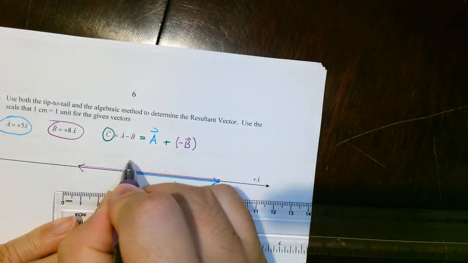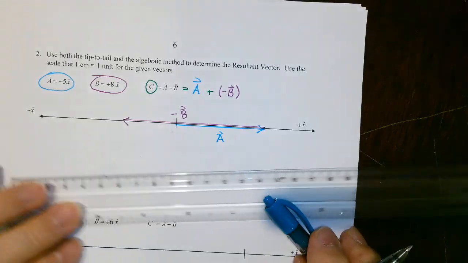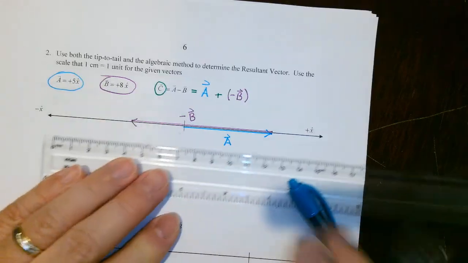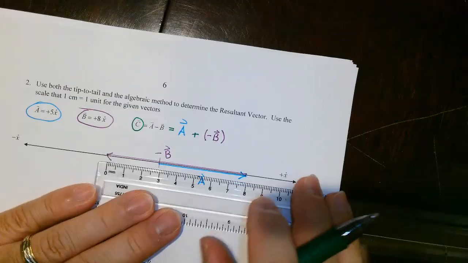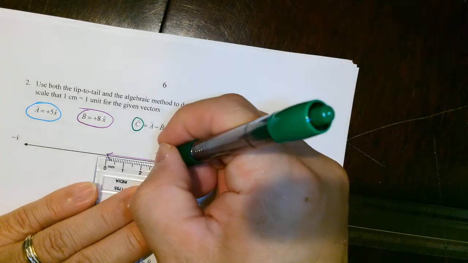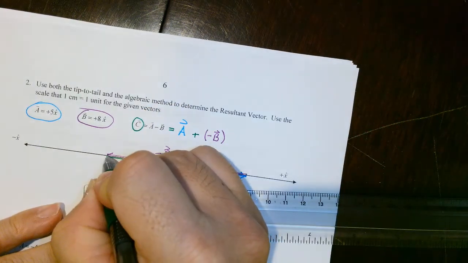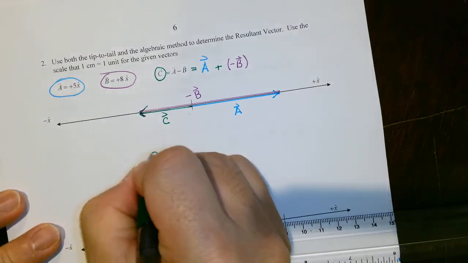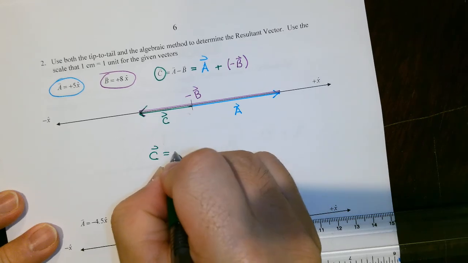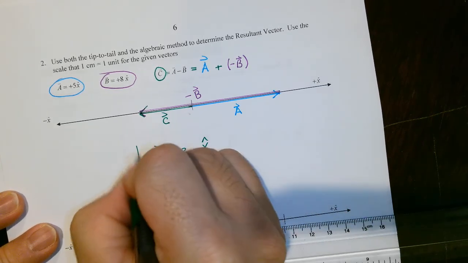So this is my negative B vector. Therefore, here's my C. My C becomes just 3 centimeters in the negative x direction. Okay, so my C vector is equal to negative 3 centimeters x hat.